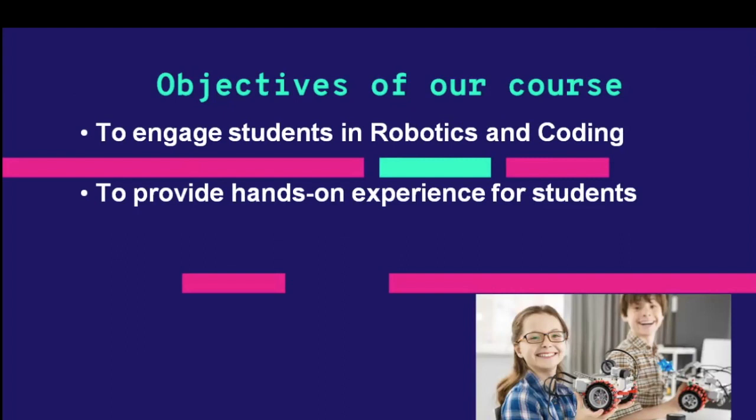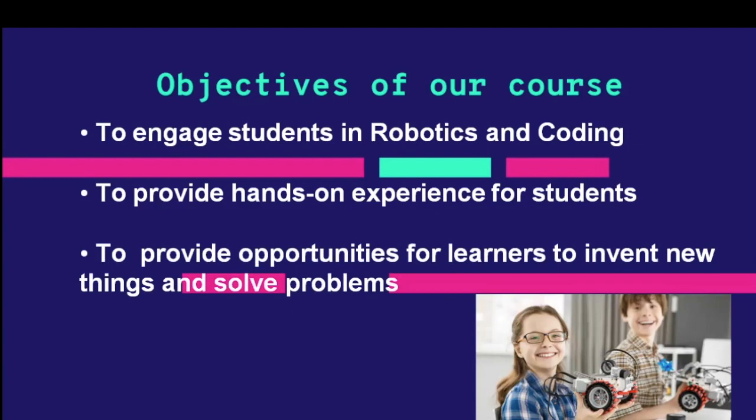We'll be doing so many practical sessions, and we'll be using real electronic components in our course. The third one is to provide opportunities for the learners to invent new things and also to solve problems. You can create new things and also give solutions to problems throughout this course. Those are the objectives of our course.